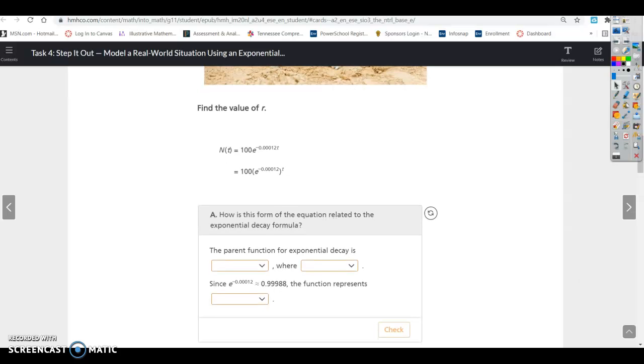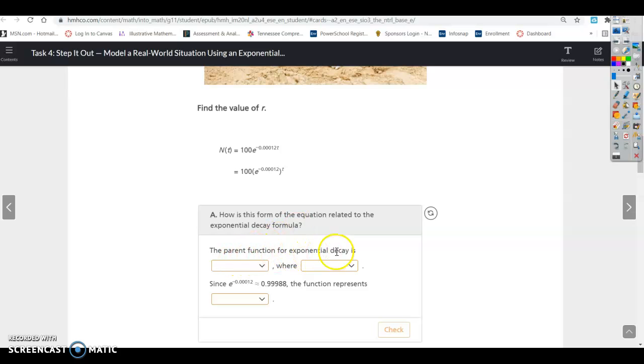All right, so it says find the value of r. Here's our equation, n of t, and you can see that it's e to a negative exponent, so that's going to be exponential decay. And then let's see what it asks. How is the form of the equation related to the exponential decay formula?